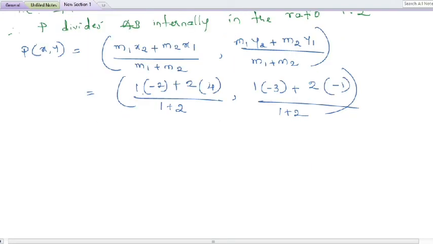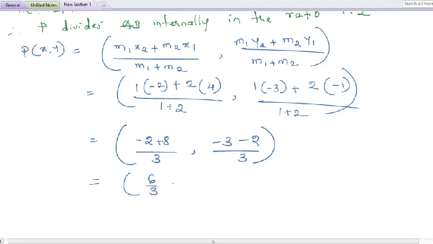which is equal to 2 ones are 2, -2 plus 2 fours are 8, divided by 3, comma, -3 -2 divided by 3, which is equal to, you will get 6 by 3 comma -5 by 3.